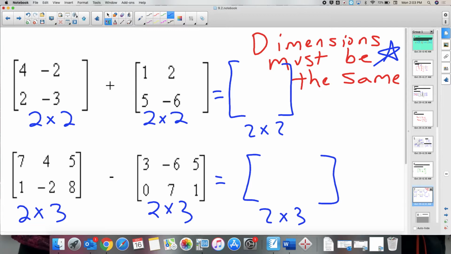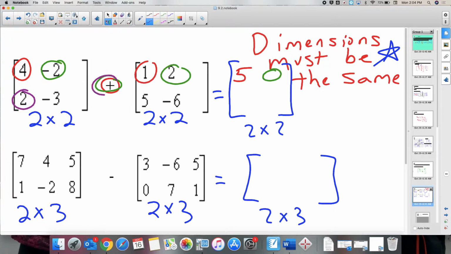Because to add or subtract matrices, all you are going to do is add and subtract those corresponding places. So we are going to take our 4 plus 1 gives us our 5. Our negative 2 plus 2 gives us 0. 2 plus 5 gives us 7. Negative 3 plus a negative 6 gives us a negative 9.